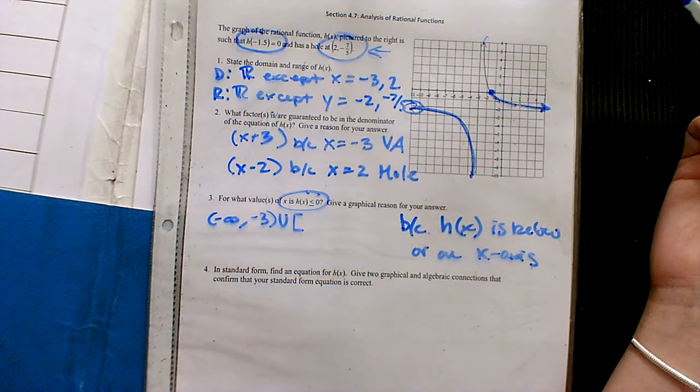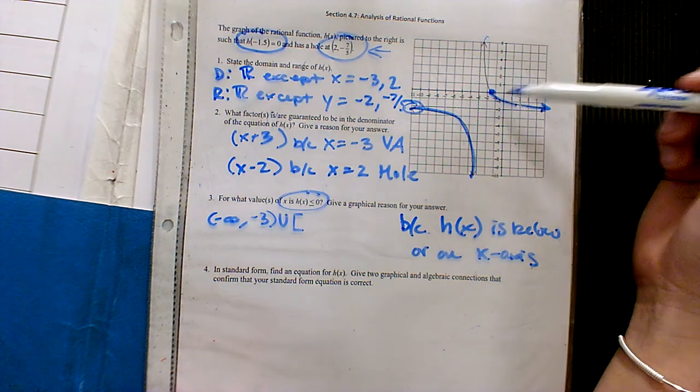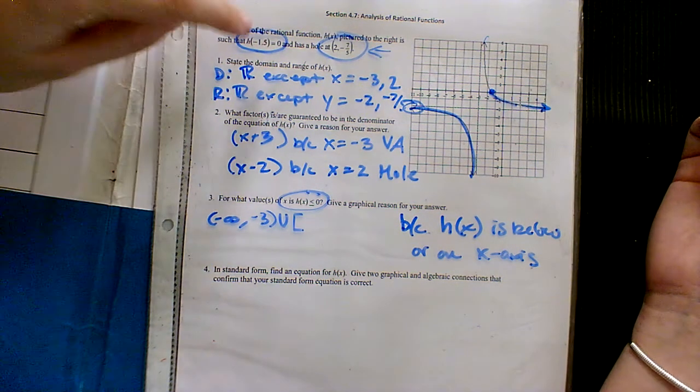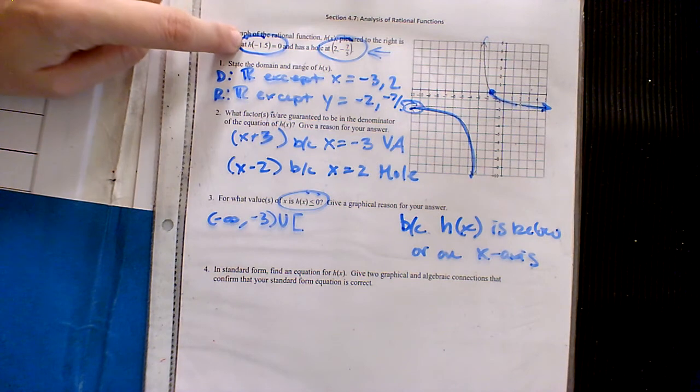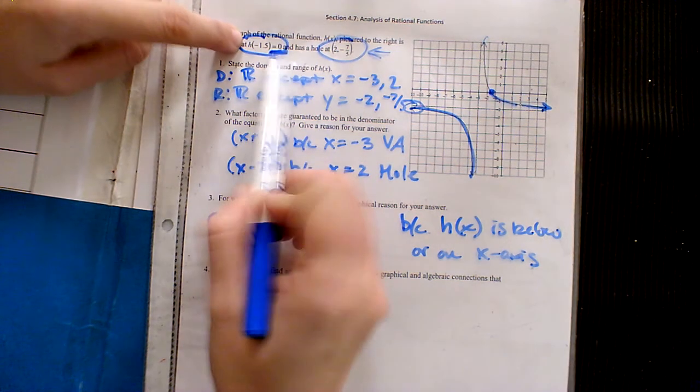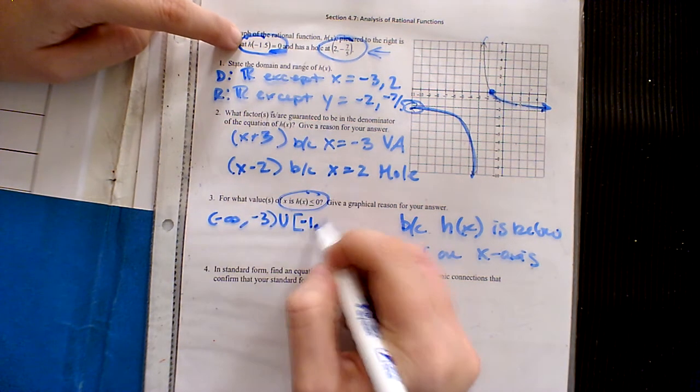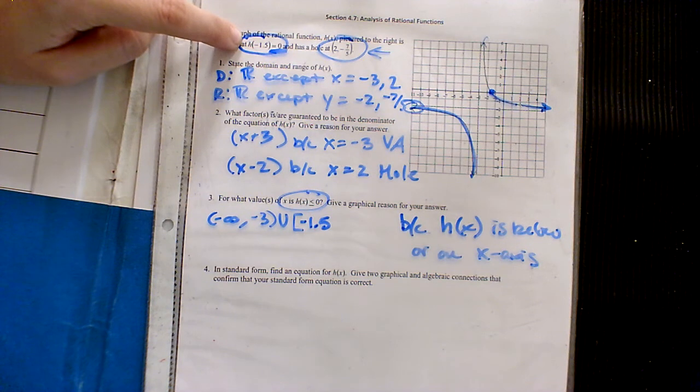What's that value? Do we know it? It looks like -1.5. They tell you at the top it specifically is, because y equals 0. So we'll put a bracket there because we're on the x-axis.